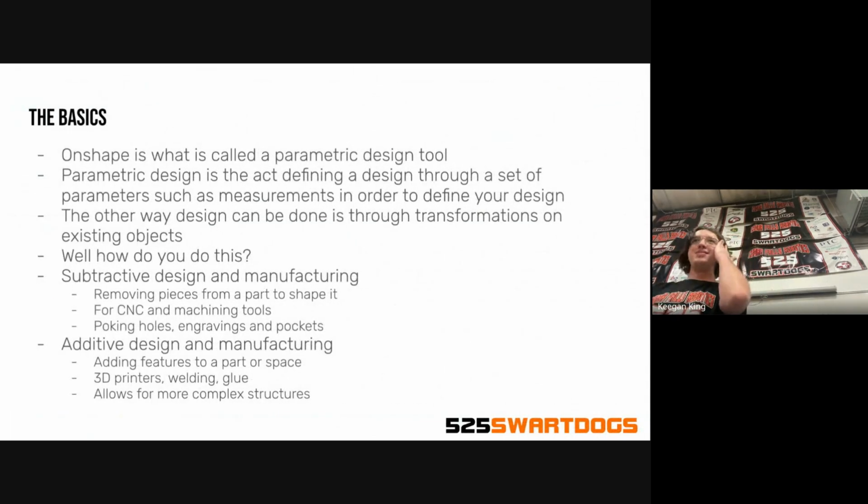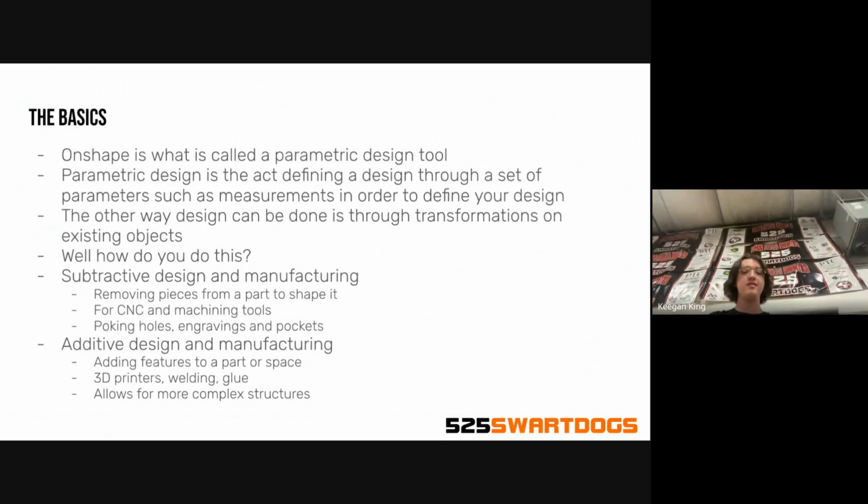All right, just some basics of what CAD is. OnShape in specific is a parametric design tool. So it's the idea of parameters: some specific values that we're passing through to the program, in this case OnShape, is what we're using to define the shapes and objects that we are creating.